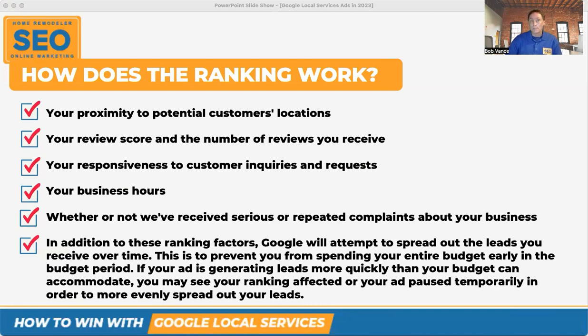So one big factor on who gets to be in results is your proximity to potential customers' locations. If there are multiple options for companies closer to that customer's location, and Google knows where that customer is searching from based on their IP address, Google's going to show those results over showing you, given everything else being equal.